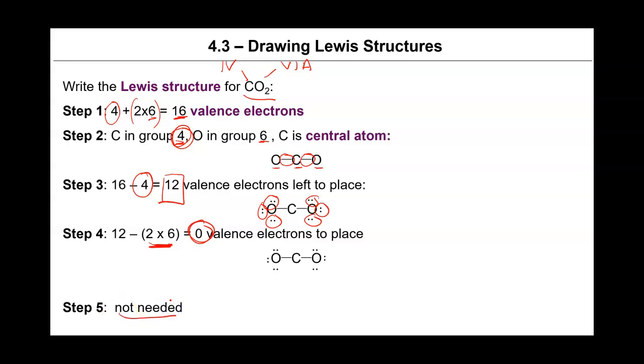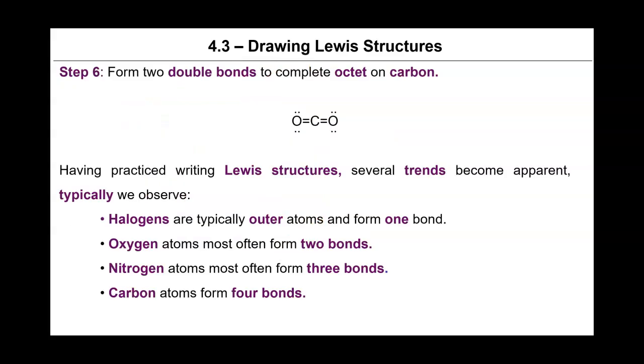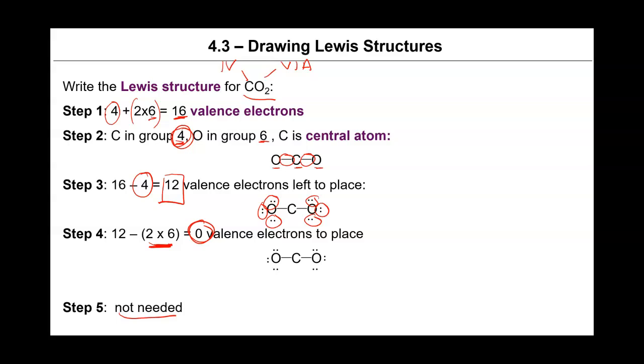Now here's the bit that I wanted you to see. I got a little bit ahead of myself, but for step 6 we've got to check the octet on our central carbon atom, and at the moment we only have 4 electrons around our central carbon, so that means I need to bring in another 4.